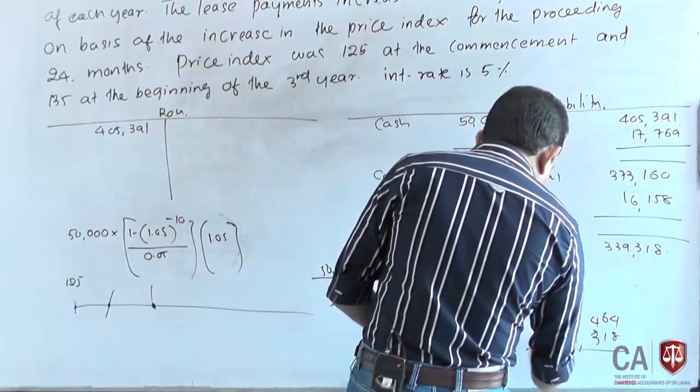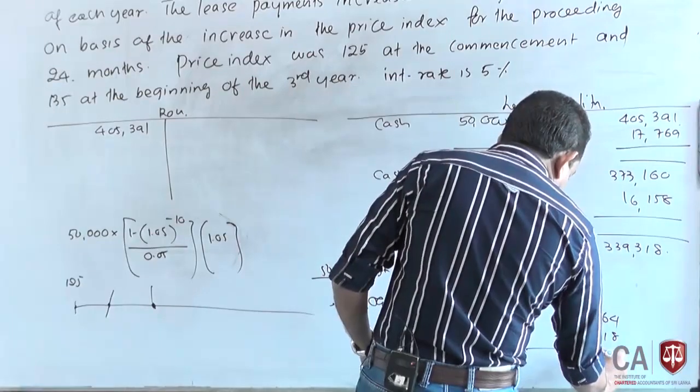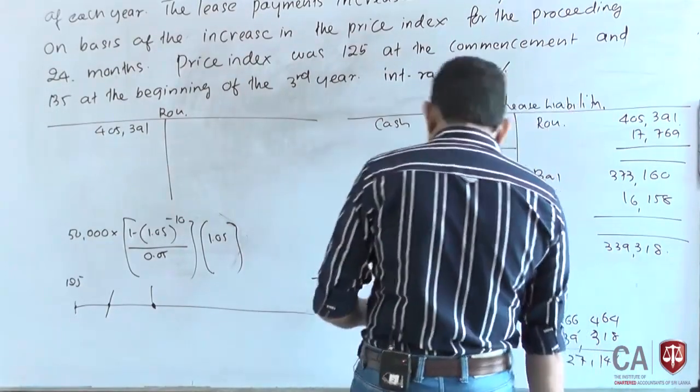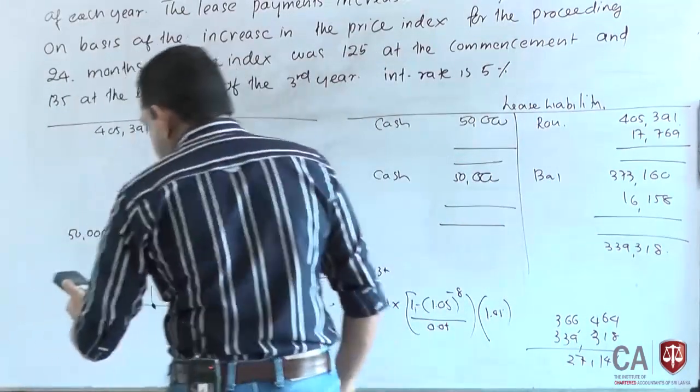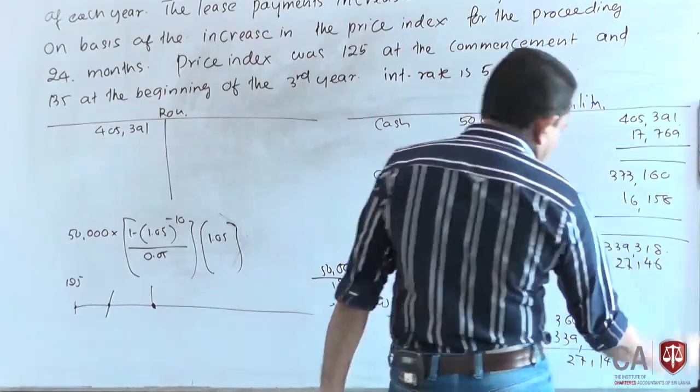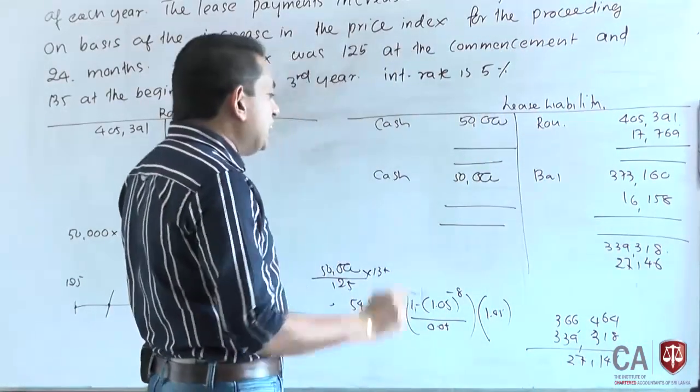The balance is 339,318. Difference is how much? 366,464 minus 339,318 is 27,146. You should credit that to lease liability.